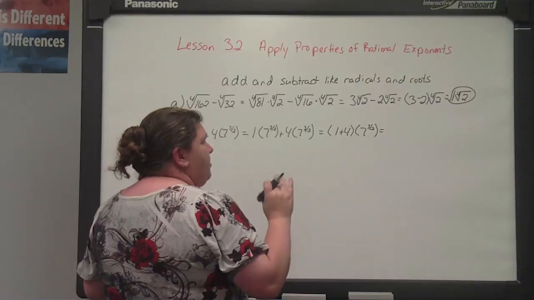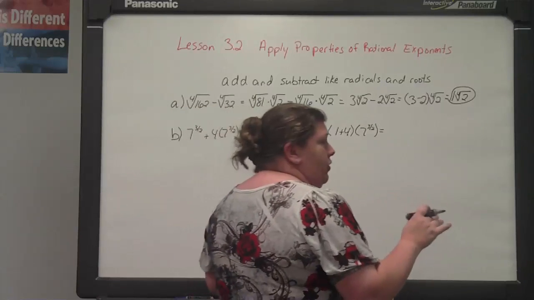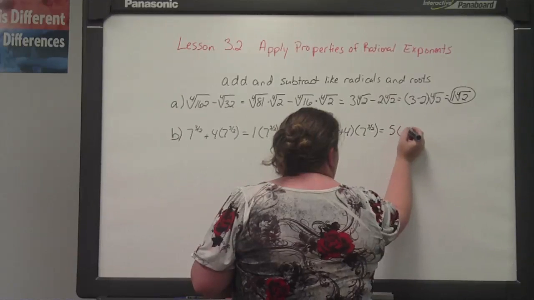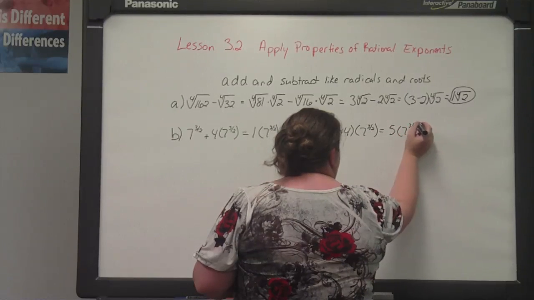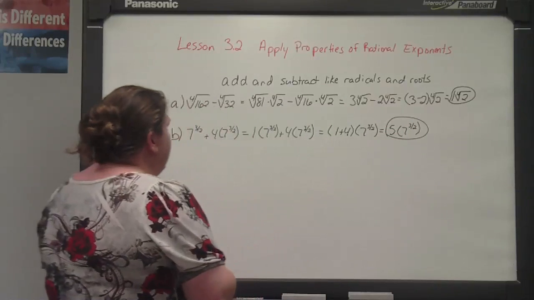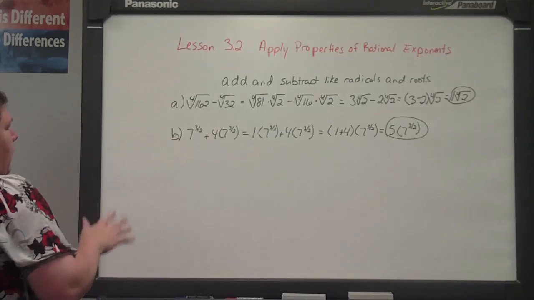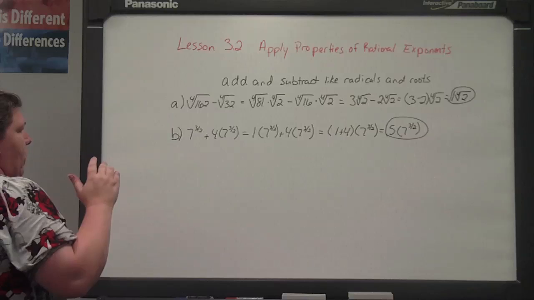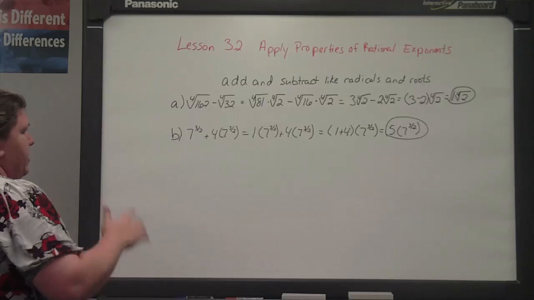So we don't actually have to solve it. 1 plus 4 gives us 5 times 7 to the 3/2 power. And this is your simplest form. That is adding and subtracting like radicals and roots, or as you can say, when you have the index and the radicands the same.